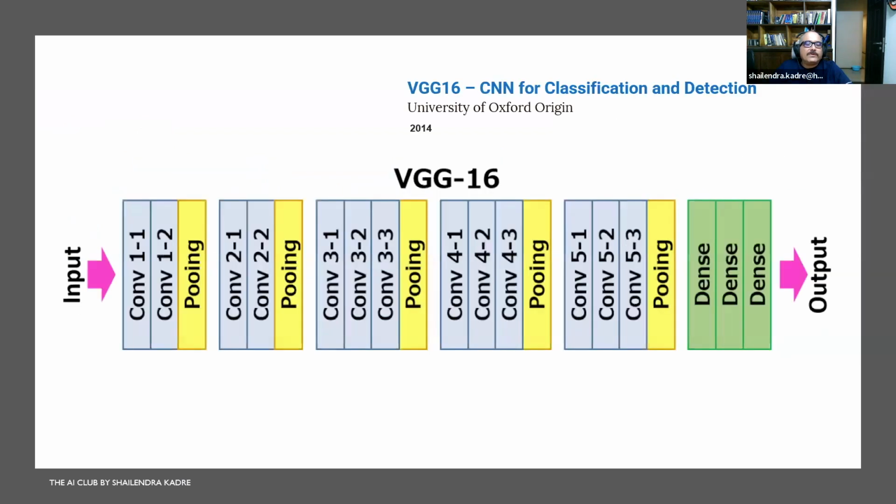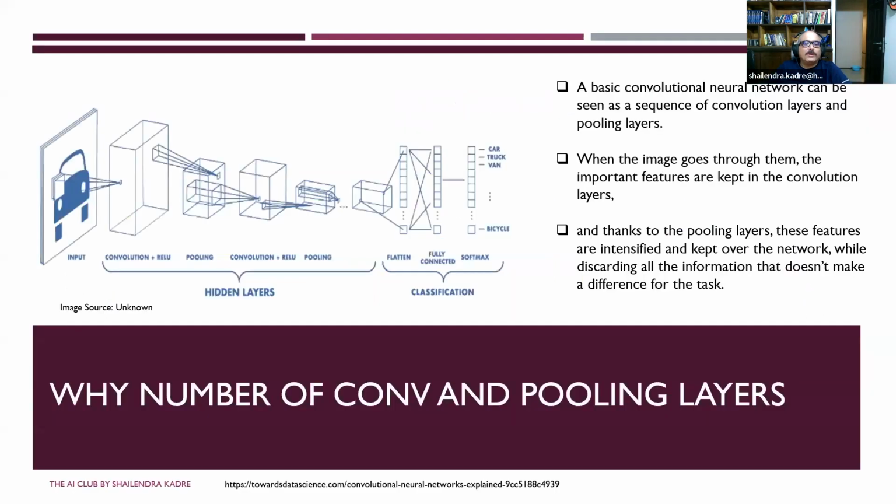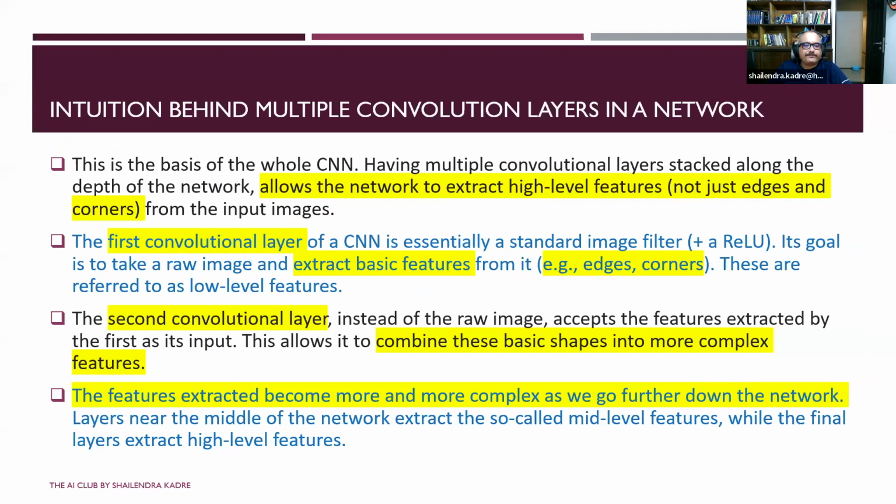The first block is extracting the most basic features, simple edges, vertical edges, horizontal edges. More complex features like curves, or a nose or ear, are extracted in the second block. The third block extracts more abstract, more complex features. Like that it progresses. As we go towards the right, more and more complex features get extracted. That's why we put multiple blocks of convolution and pooling. That is the science.